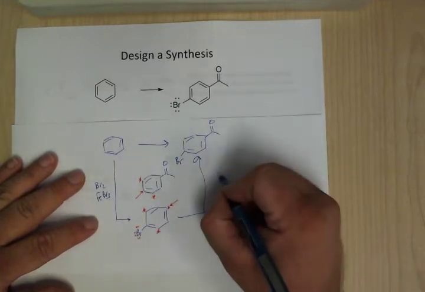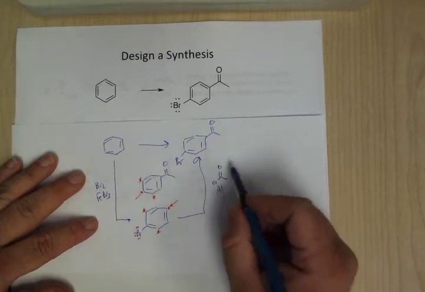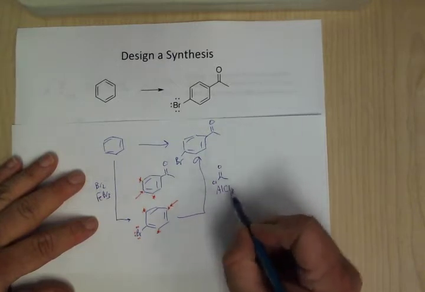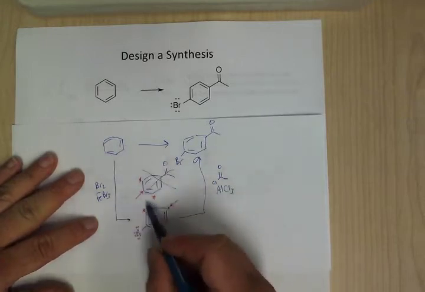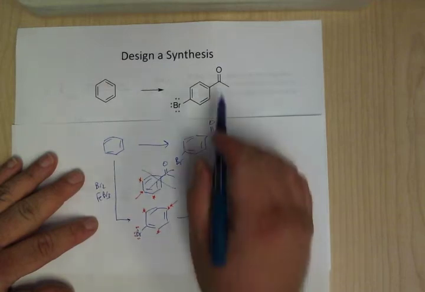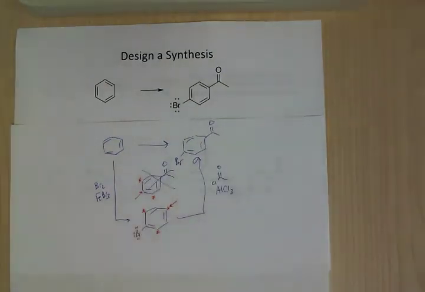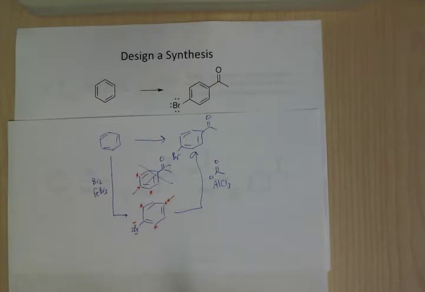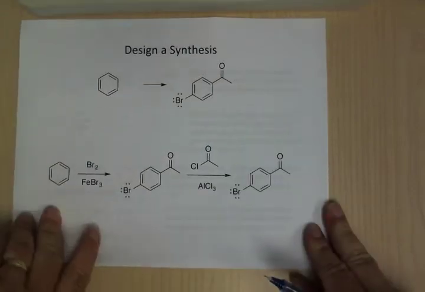That's 2 carbons long, so it ends up being the acid chloride and aluminum chloride, with that catalyst. So we can't go through here. So this is the mechanism. You have to look at how the groups are put on, whether ortho, para, or meta director, to figure out the order in which you need to put the groups on, and then figure out how to get them there.